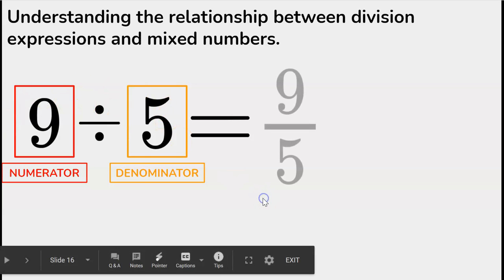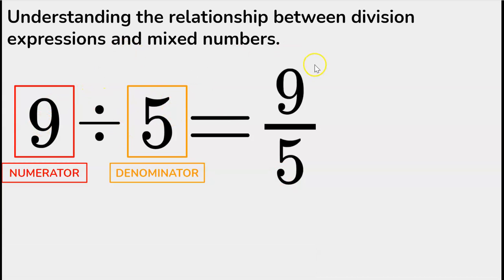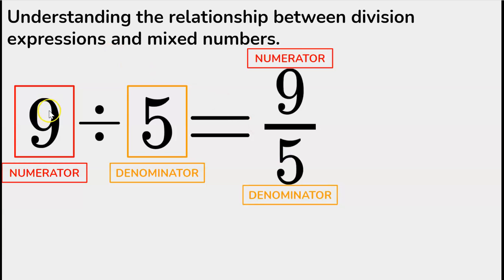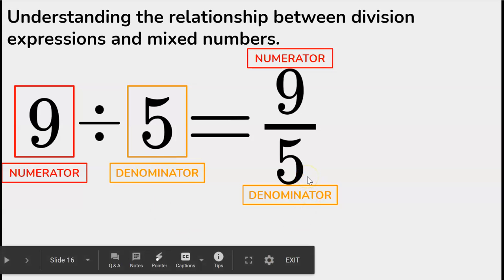Left to right is how we read, left to right, top to bottom. 9 divided by 5, we can also read a fraction as 9 divided by 5 or as 9/5. So we see our numerator and our denominator.